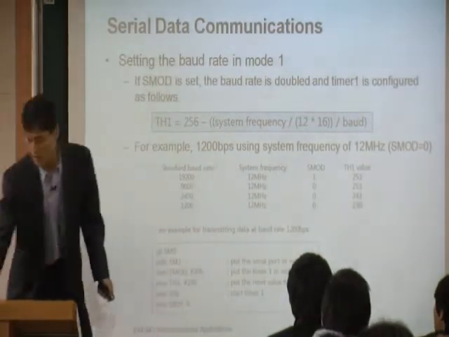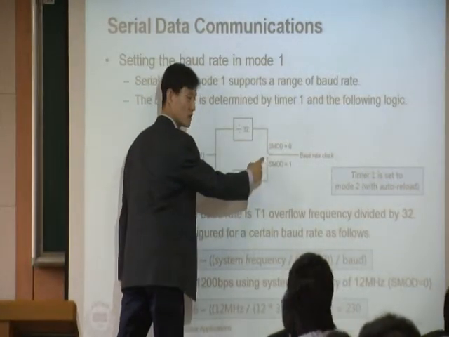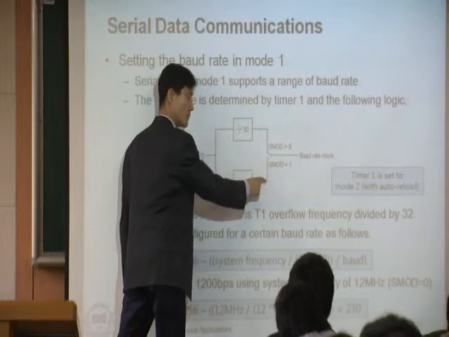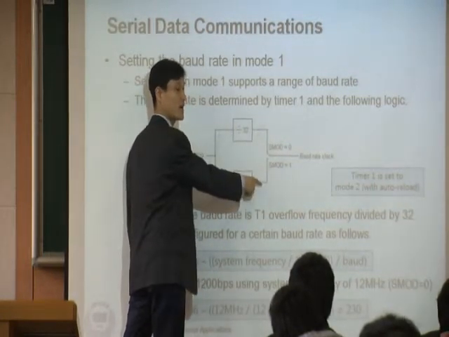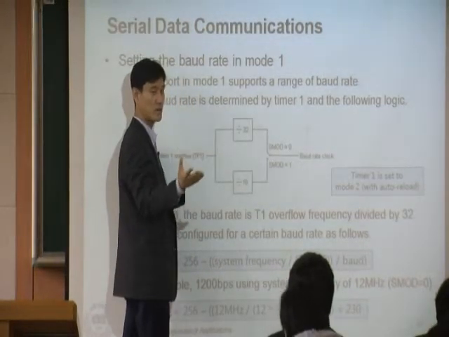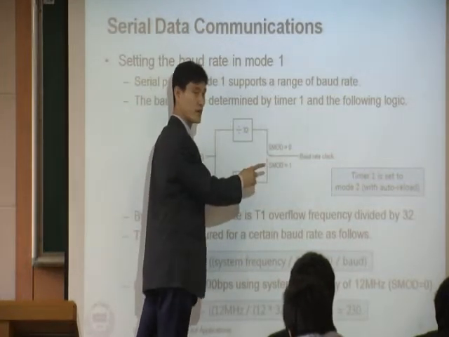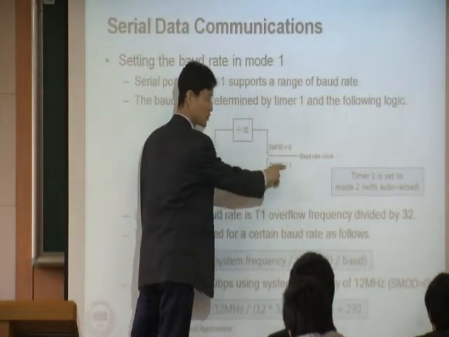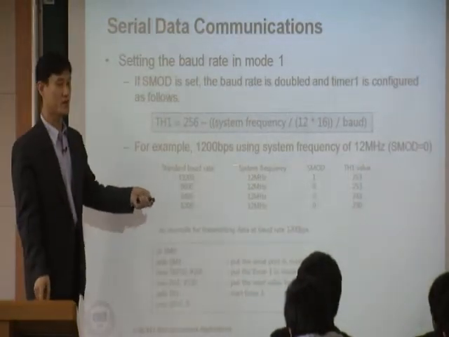Because SMOD equal to 1 means we are using this one, and it is 2 times faster than this one, 2 times higher clock. So if you need a high baud rate, you may want to use this hardware by setting this bit to 1. So this one basically shows you configurations.